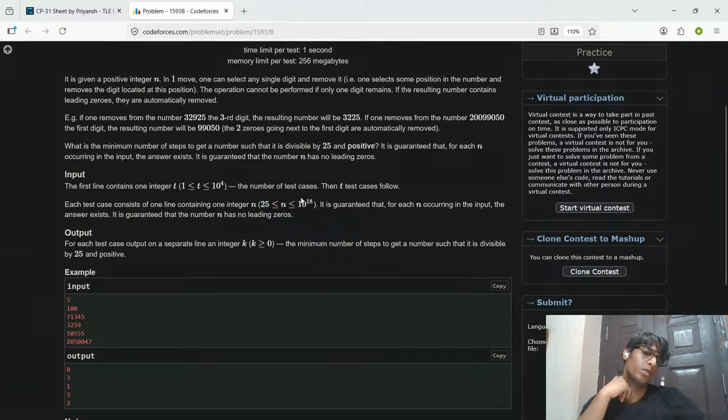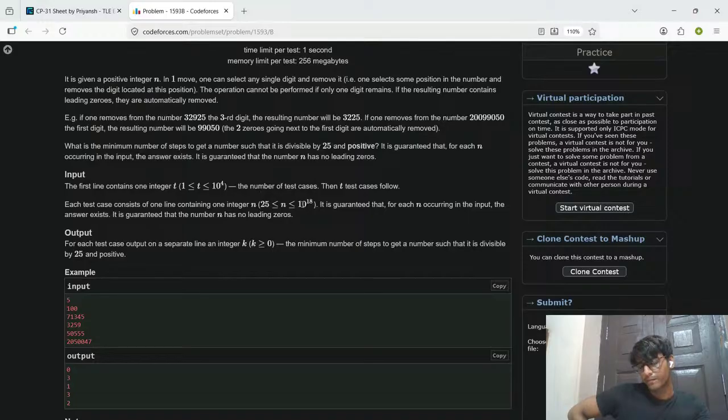So obviously we won't be able to get a linear approach because it's 10 to the power 18 and t is already 10 to the power 4, so we have a number of operations around 10 to the power 4.